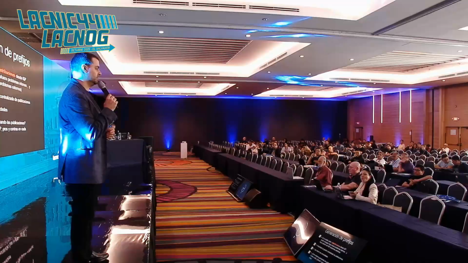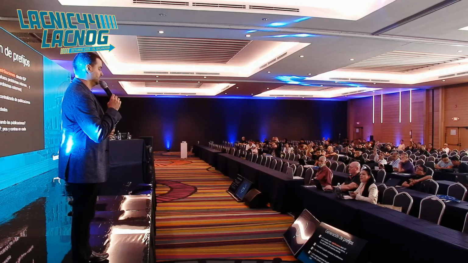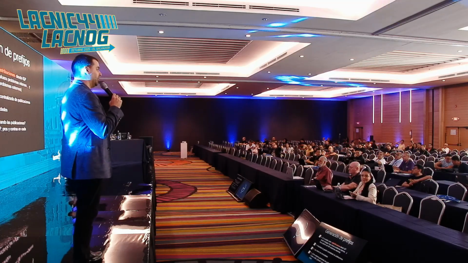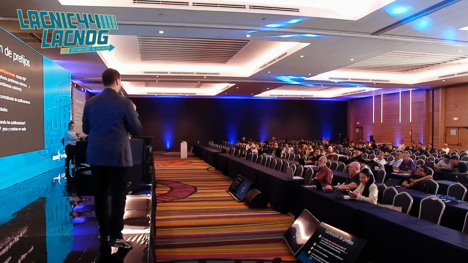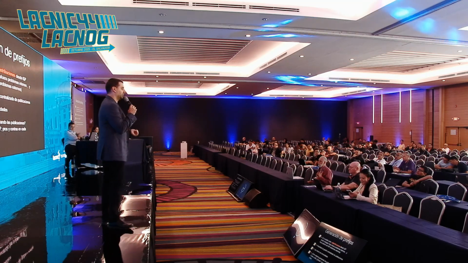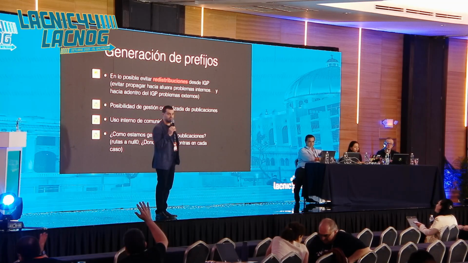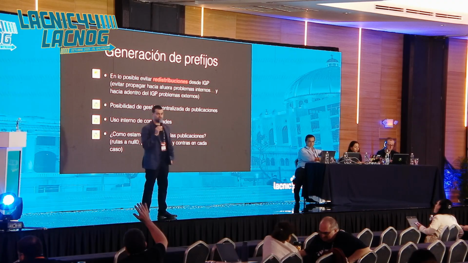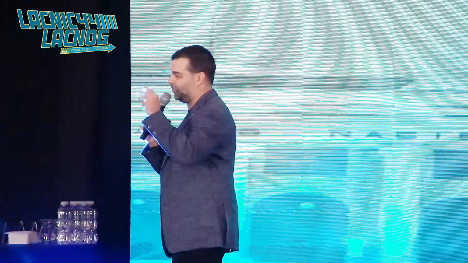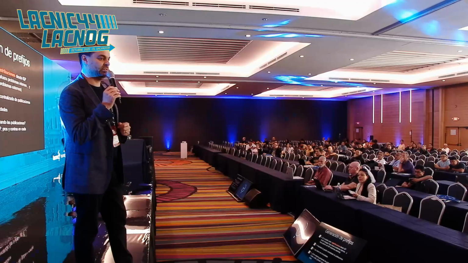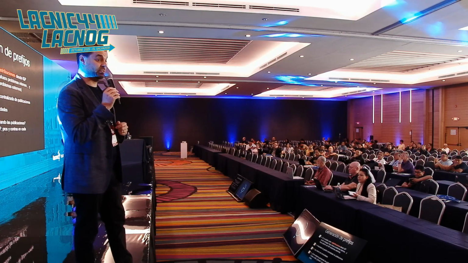So the first question: raise your hands if you generate the BGP configurations putting the network statement and, for instance, a null zero route in the border routers. And now raise your hands if you do not generate the prefixes in the border edge with a null zero route. Maybe you do it some other way. So almost everybody does it with a null zero. And a third question, raise your hands if you have any automated systems to generate the publications. Zero, nobody.